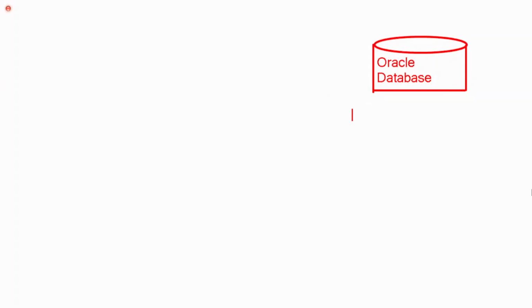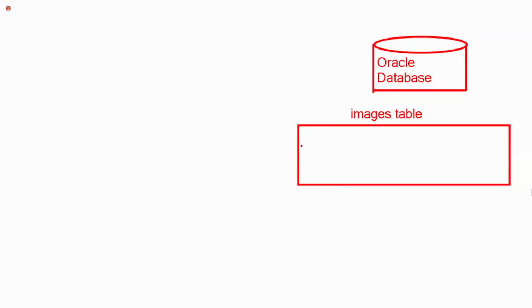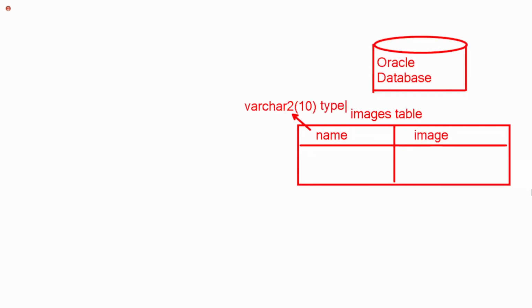Suppose the table name is images. In the images table, two columns: name of the image and the image. Here the name of the image I want to store. Which data type is required? Varchar2, suppose maximum 10 characters. For the image, which type is required? Blob.